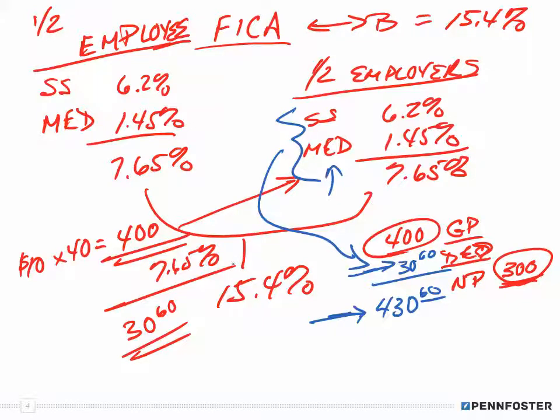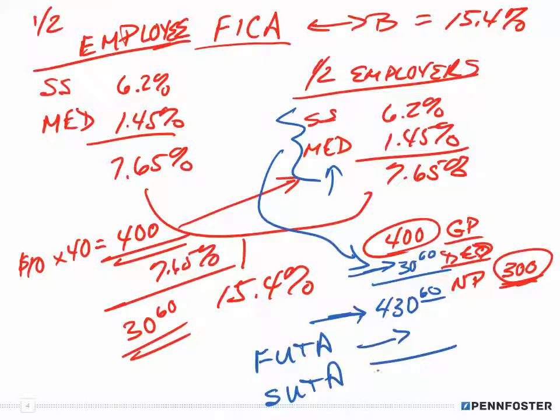As we move forward and we get down to the end of this theory, you're also going to see something called FUTA and SUTA, okay? The employer pays additional amounts that are going to add to what you get paid.